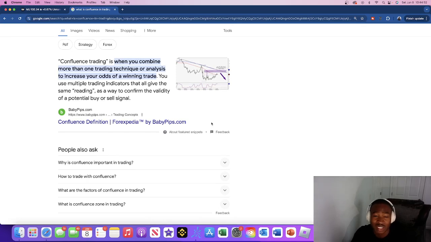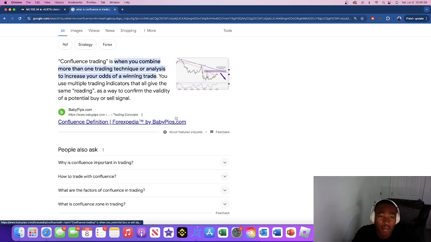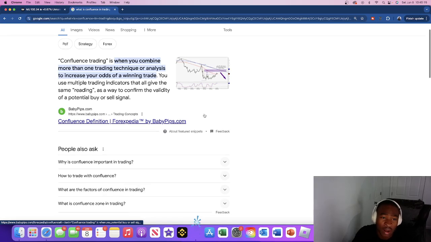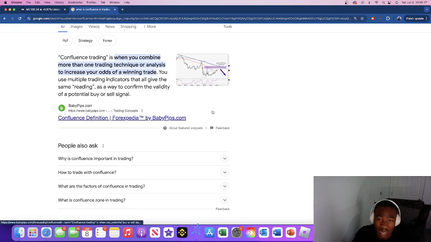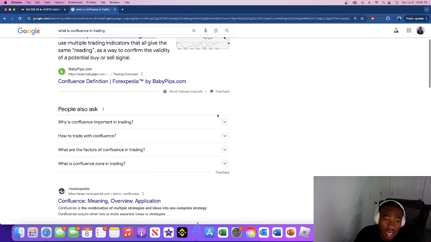It's going to boost your chances of winning the trade when you trade with Confluence. It's basically when you're using multiple indicators, not necessarily indicators, but ways of trading and reading price, confirming it with different indicators to use as a signal to buy or short a stock, right?